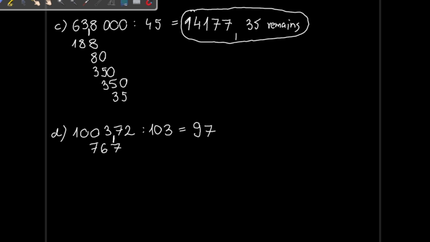And let's see, 103 times 7. We have 21 here, we have 2 here, and we have 7 here. And 767 minus 721, that's 46. So we put the remaining here and move the next number down, which is number 2.